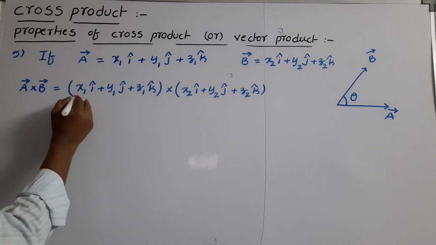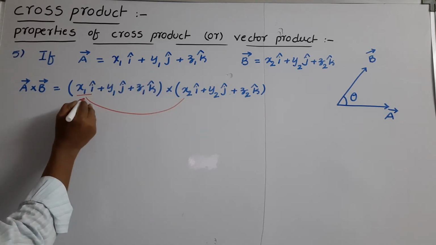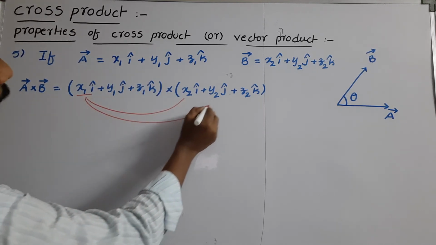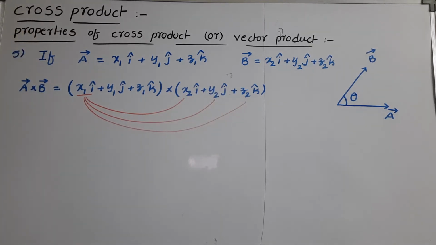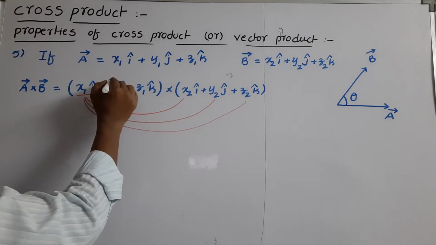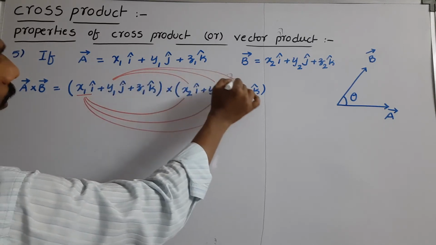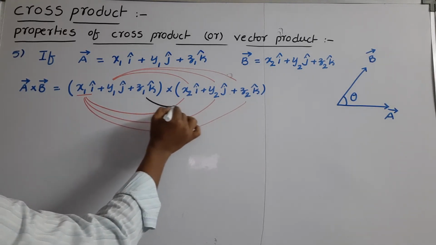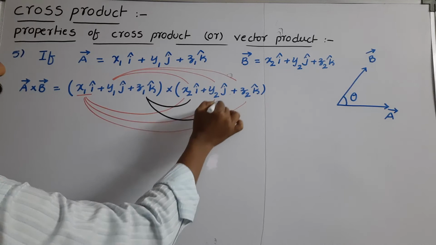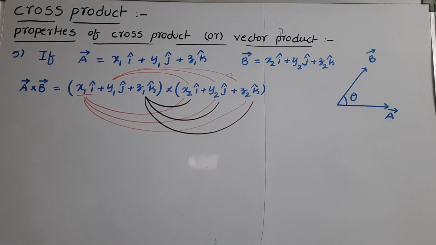We should multiply the first term x1 i cap with each term of the second vector, and the same with the second one and the third one: these two we should multiply, these two, and these two. Now we write in vector notation.